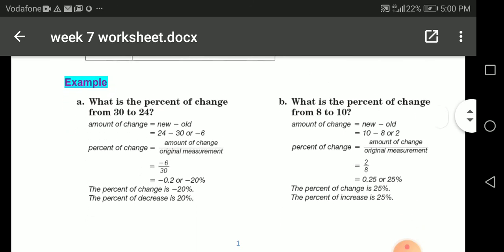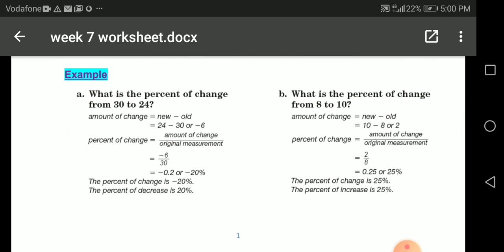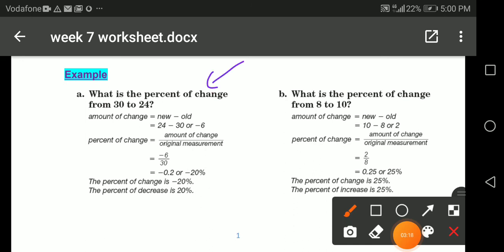Okay, we have some exercises to make sure that we understood the point. What's the percent of change from 30 to 24? "From" is the original one, then "to" is the new one. Let's see. The amount of change is what? It's the new, don't forget, which is 24.